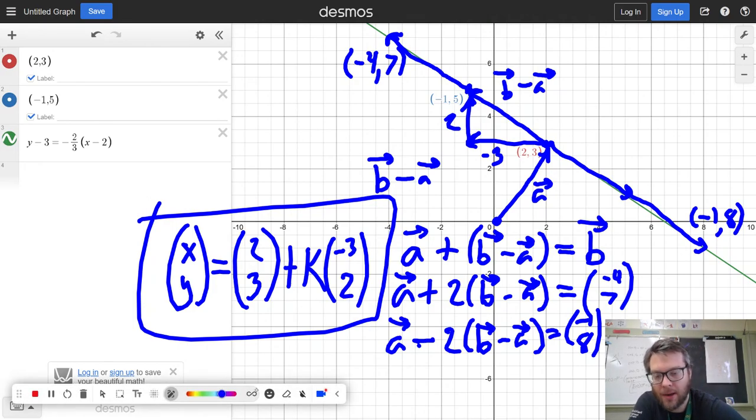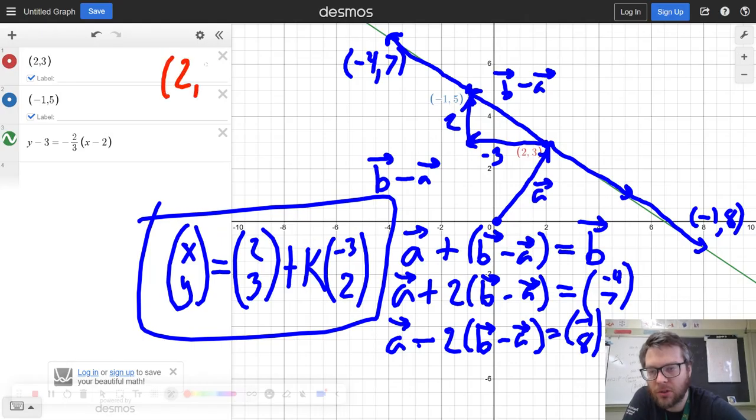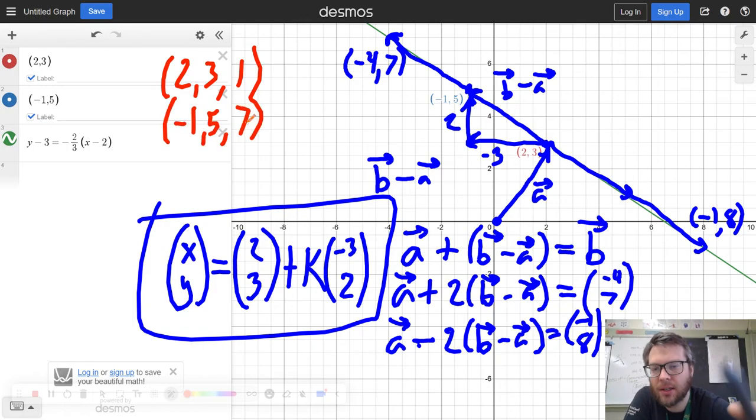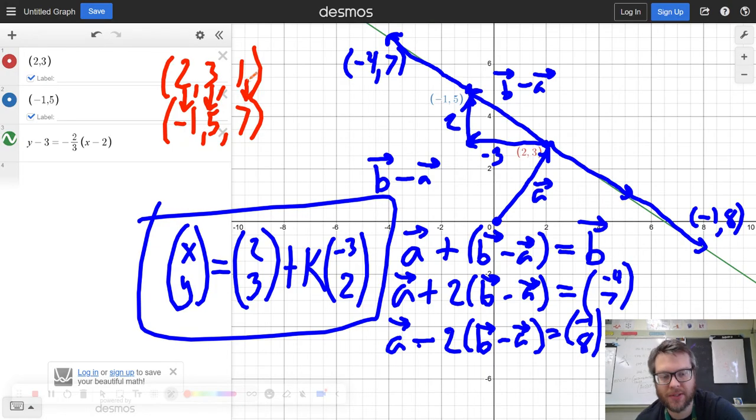It can't be done. But if I wanted to do a vector line between 2 3-dimensional points, like for example, let's say my points are 2, 3, 1, and then my other point is negative 1, 5, 7, well, the x components still have the same change. The y components still have the same change. And now all that's changing is my z components are changing by 6.